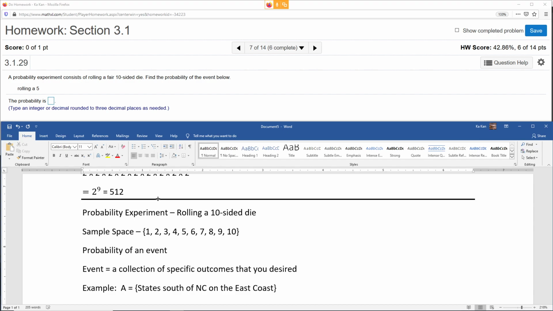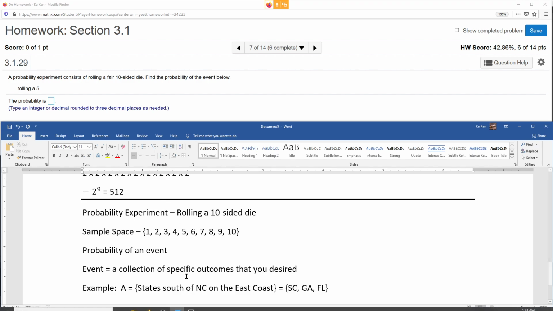I want to pick a state that's south of North Carolina on the East Coast. Well, on the East Coast, I guess you can say there will be South Carolina, Georgia, and Florida, right? And I'm not going to include Alabama and all that. I'm just talking about by the coast, all right? So let's say you're driving down the coast, right? So those are the 3 states. So that is a collection of 3 outcomes, not the whole thing. The sample space is everybody, but we'll just talk about specifically the outcomes that you want.